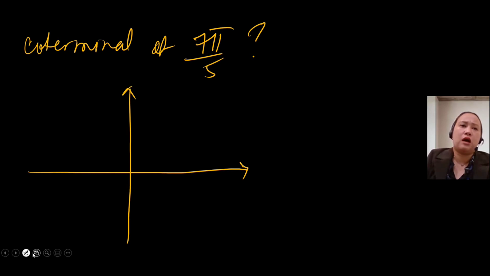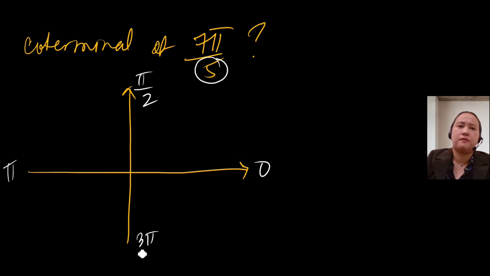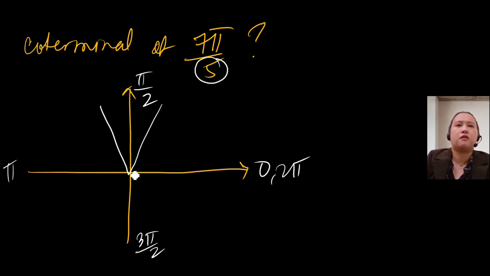Since we have a denominator of 5, let us first divide 0 up to pi into 5 parts. So 0 up to pi, 5 parts. Let us number it.